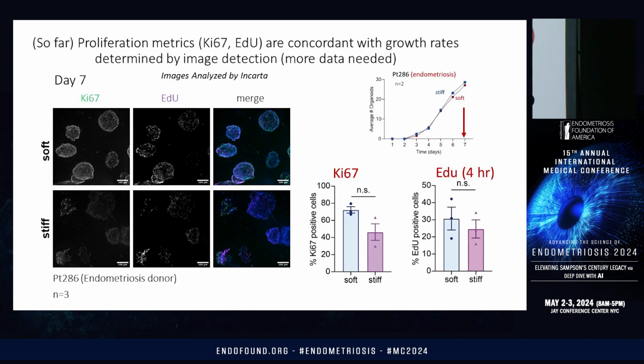And we can further go in and we can do staining for things that we can benchmark against in vivo. For example, Ki67, as I showed you at the beginning of lesions, a marker of proliferation. We can stain for this proliferation marker and for DAPI, and then we can go in. And again, up here was the endometriosis patient, the organoid growth, and here's the Ki67 for this particular donor, and it's not significant for Ki67, and you wouldn't expect it to be because these look the same there.